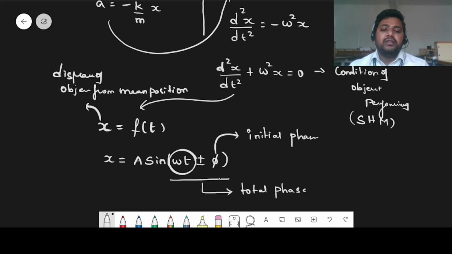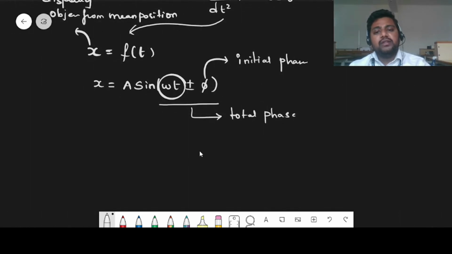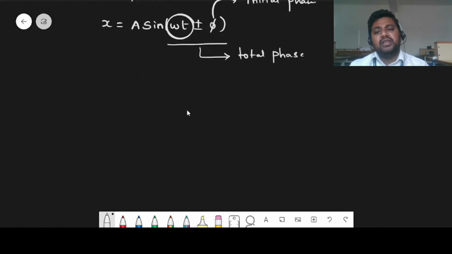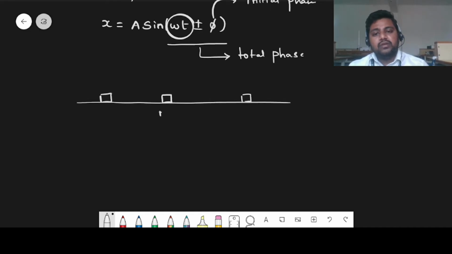That means depending on the position where it is, the displacement of the object is changing. If you are analyzing this equation, we have seen three different positions of the object. One is the mean position, this is the negative extreme, and this is the positive extreme.